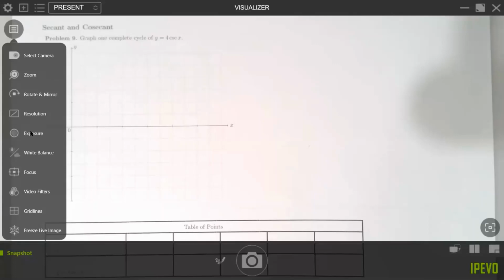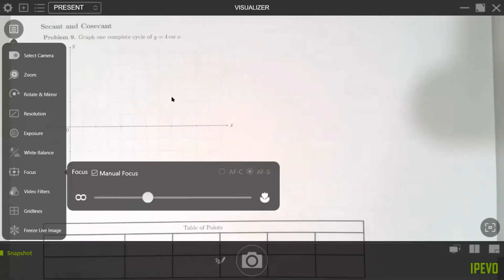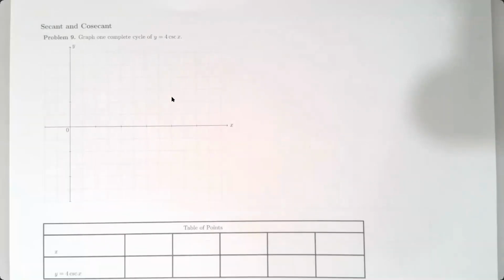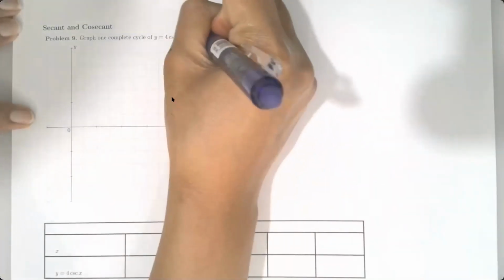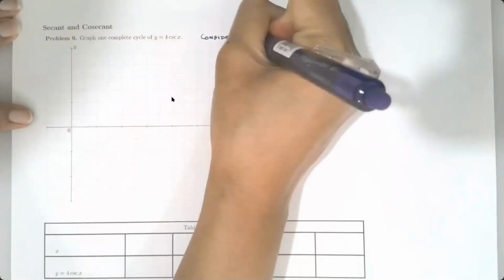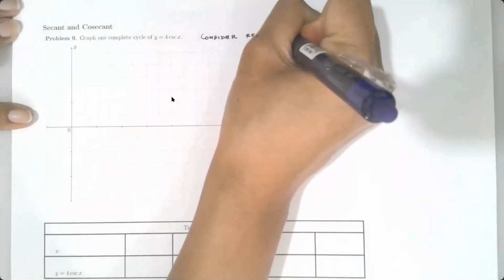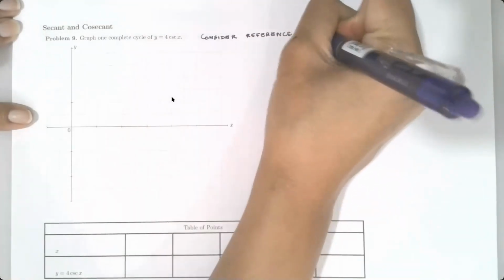Let me just try to fix the focus a little. Okay, I think that's a bit better. So we're going to consider the reference graph, and that is y is equal to 4 sine of x.